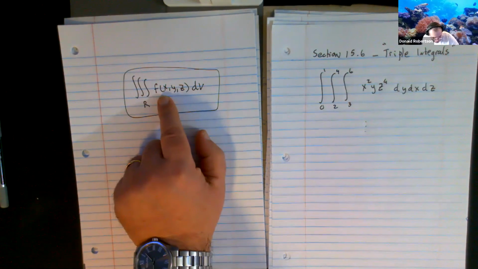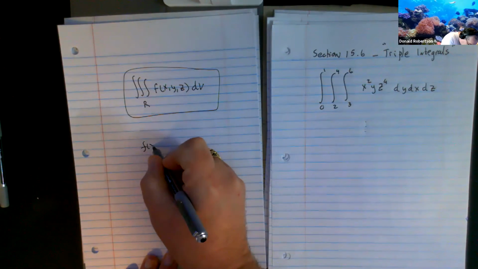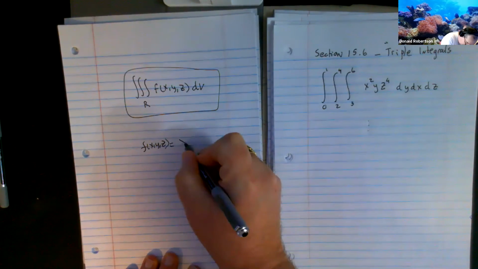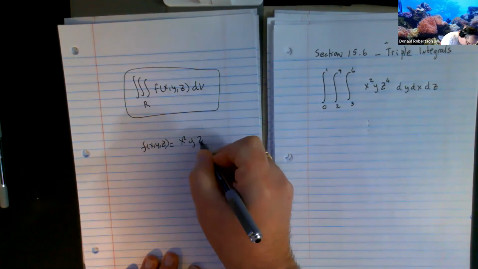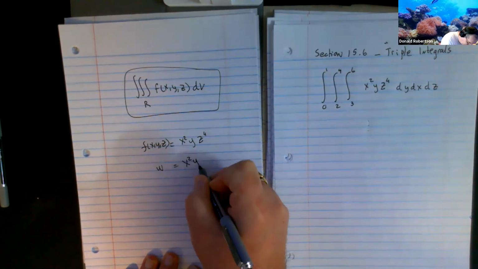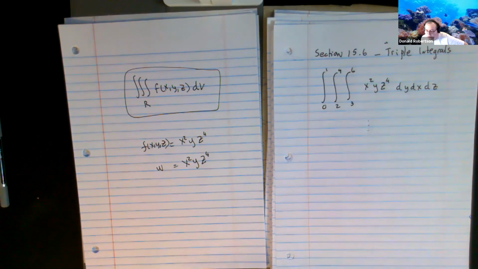Typically, that could be written in two ways. You could say f(x,y,z) equals x squared y z to the 4, or you could call it w equals x squared y z to the 4. So in a way, this is really fourth dimensional. It's a three-dimensional triple integral, but there are four variables. So it's essentially four dimensions.